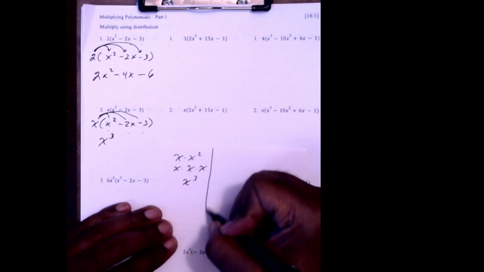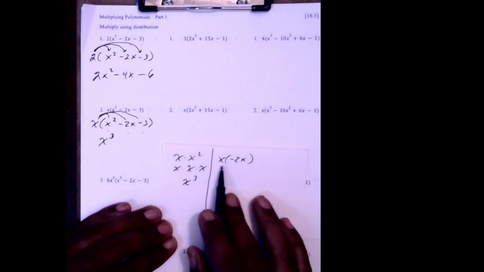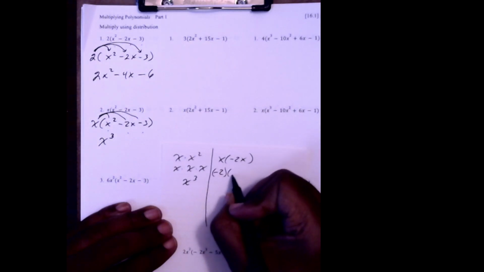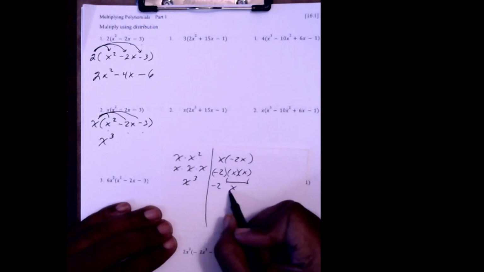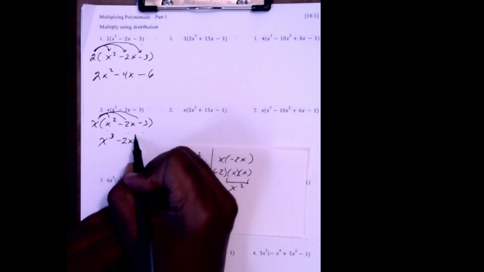Next, we're going to have an x times a negative 2x. If I were to rearrange this, because for multiplication you can change order, you can say this is negative 2, this is x, and this is x. So negative 2 here, and the x times x can be simplified to x squared. So x times negative 2x is negative 2x squared.